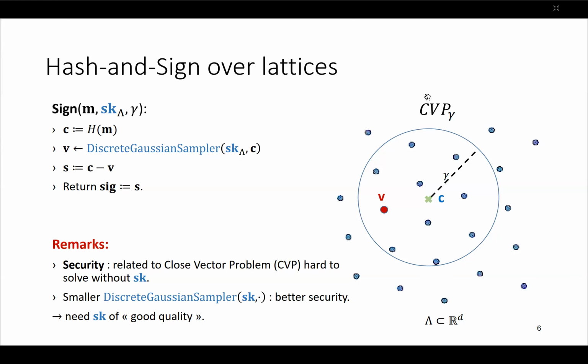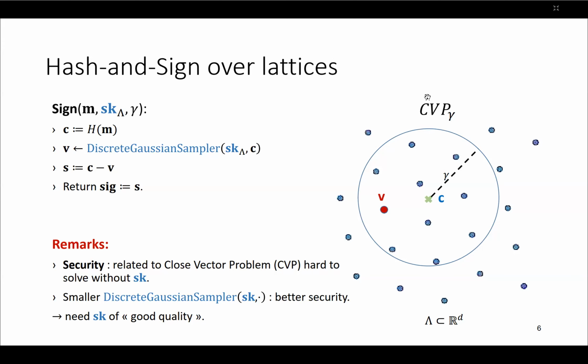So in order to have a small discrete Gaussian sampler, either we have a good discrete Gaussian sampler, which is the work presented in the next paper, or we can try to improve the quality of the trapdoor.